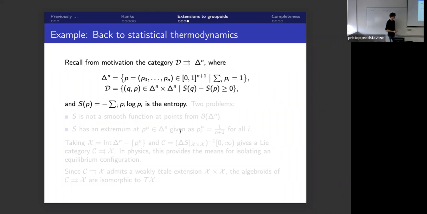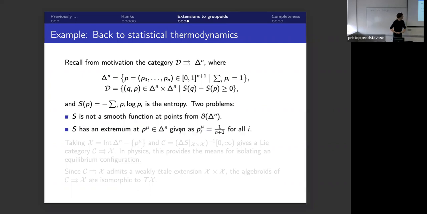First you immediately observe this has a boundary, right? And we didn't allow our object manifold to have a boundary. Well, this conundrum is solved by just removing all of the boundary points.